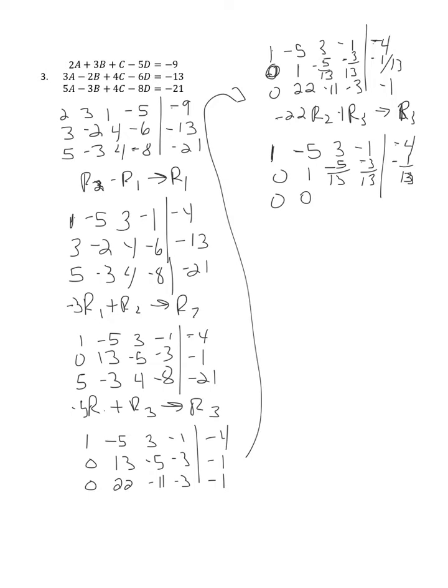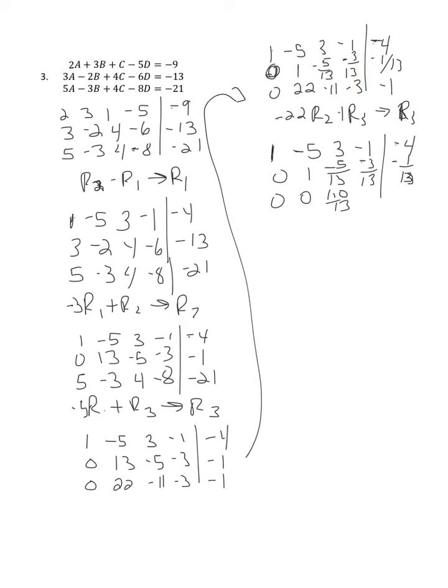Okay, now we got one that's not going to be 0. So I'm taking row 2, so I need to take this times -22 and add -11. So I would just put that in my calculator. And I get 110 thirteenths. All right, then I need to take this spot times -22 plus -3.